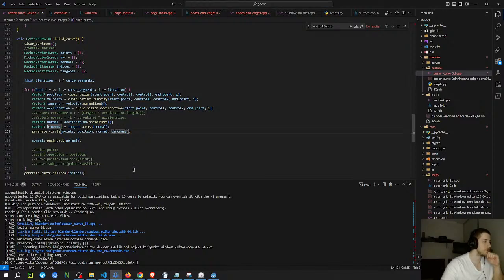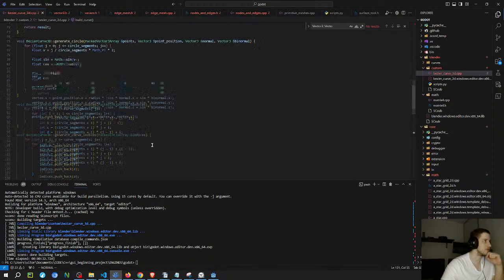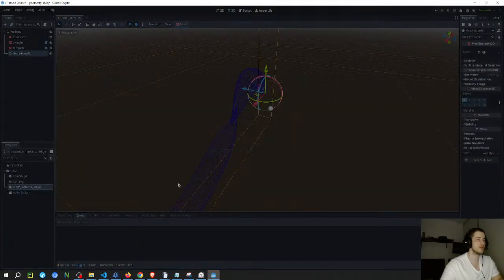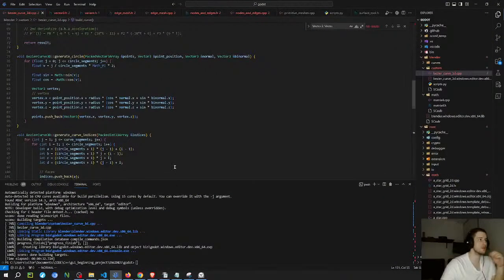So the question is how to make it so that it's always the same width. I guess the first thing I'm gonna try is just to see what happens if I put the normal there instead of the binormal. Because maybe if I do everything with the same vector, then it doesn't matter the direction of the vector, because it's still gonna go the full circle.